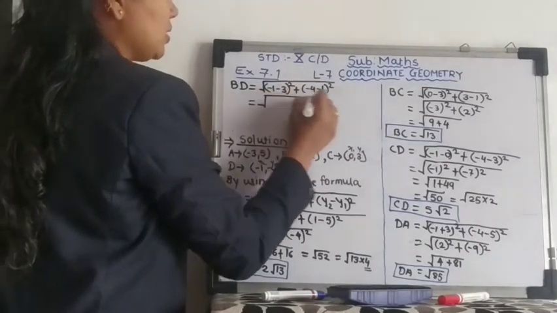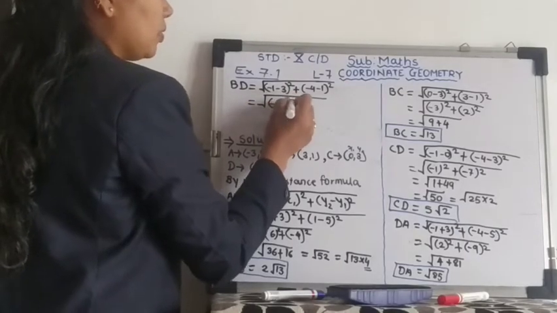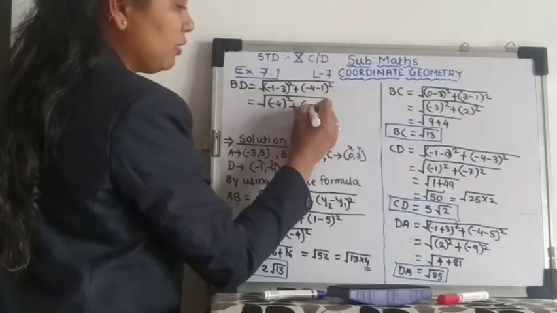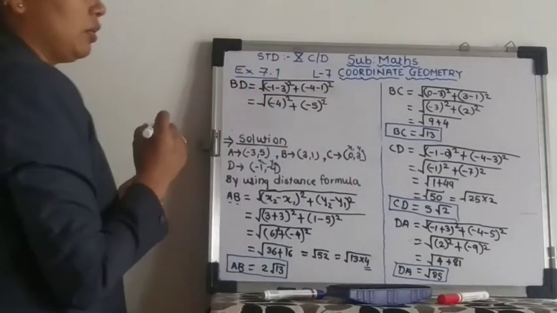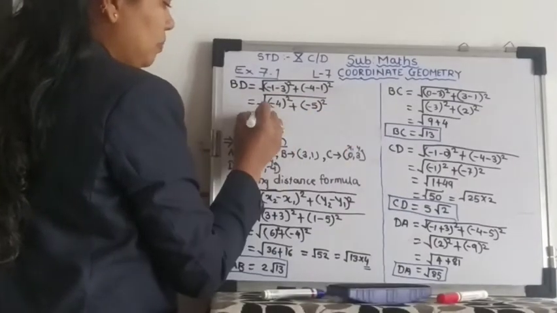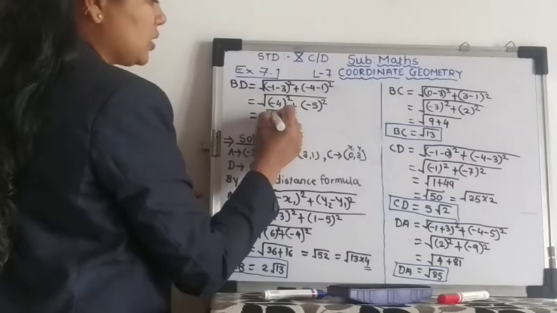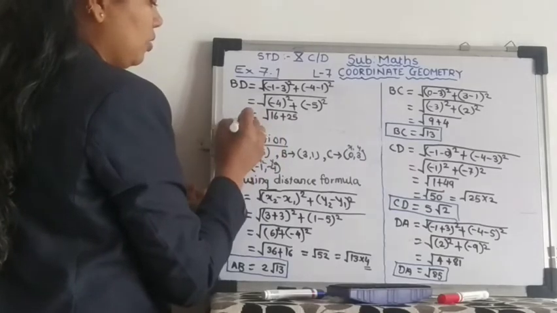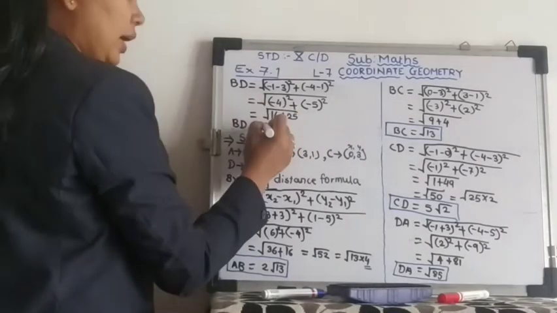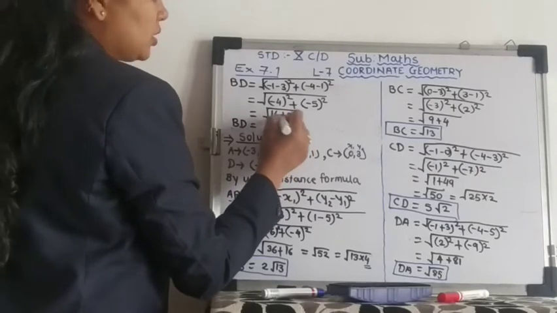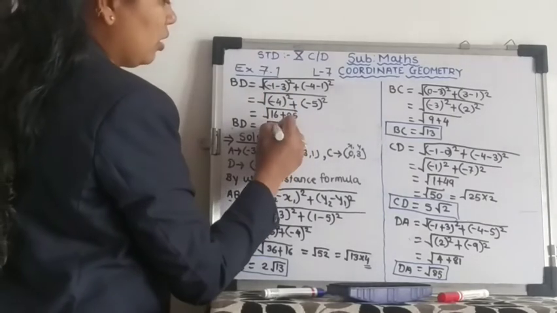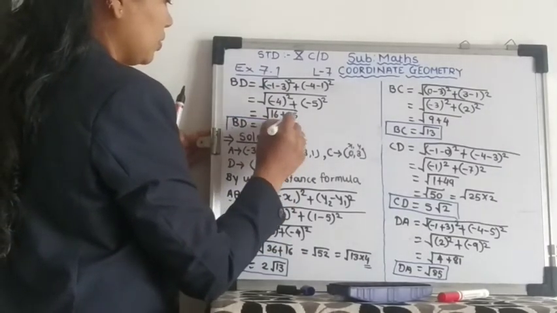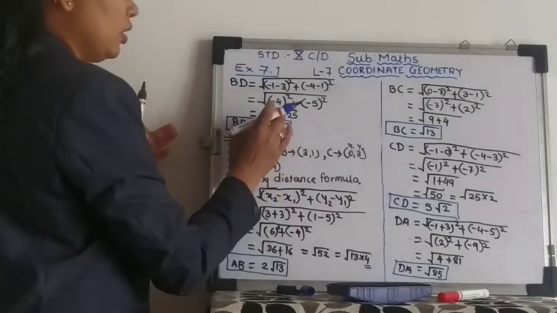Minus 1 minus 3 is minus 4, we do addition but the sign is negative, plus minus 4 minus 5, again addition with a negative sign. Now minus 4 squared is 16 and 5 squared is 25. So the addition is 41. So under root 41 is the answer for BD.